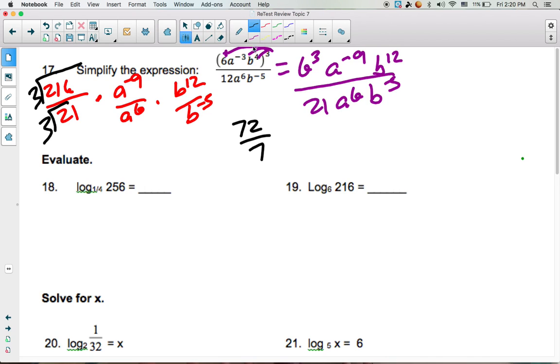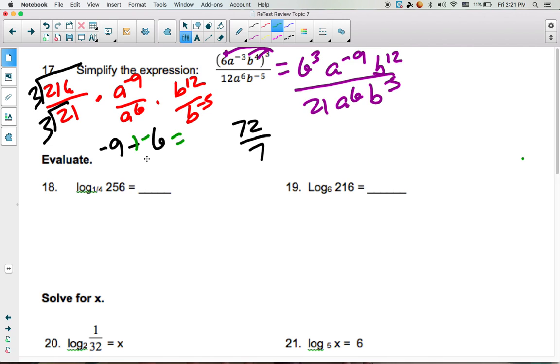Now, next thing I want to do is go to the a's. I have the same base I'm dividing. My laws of exponents say take the exponents and subtract them. I have negative 9 minus 6. When you're subtracting, you keep the first one, change the sign, and change the operation.